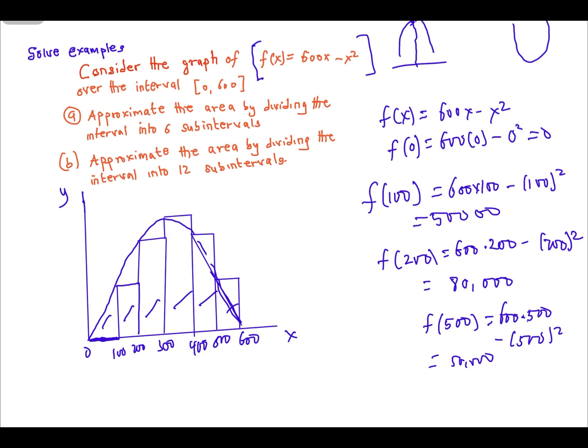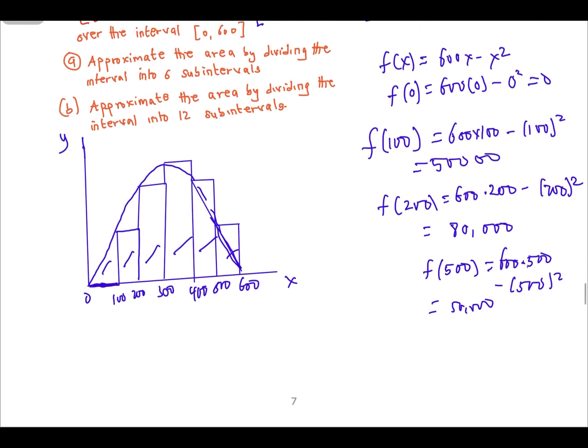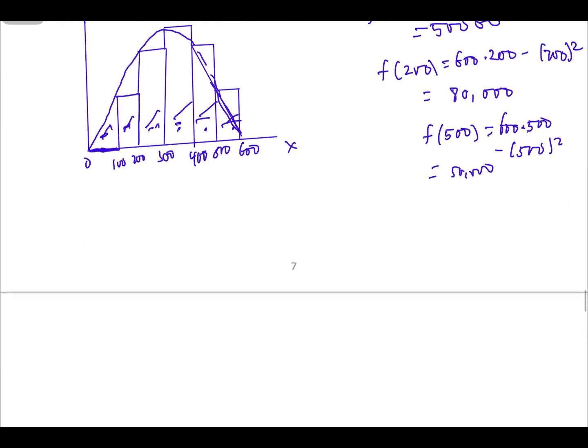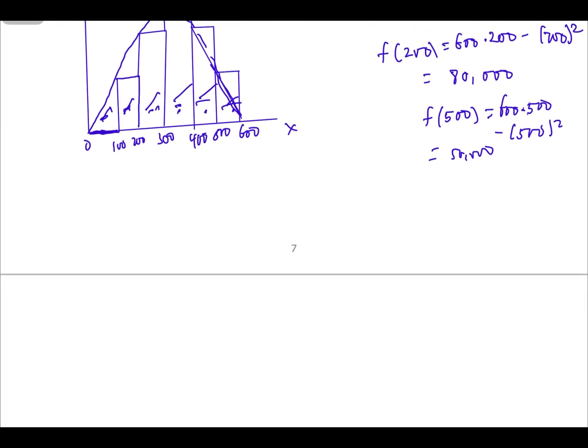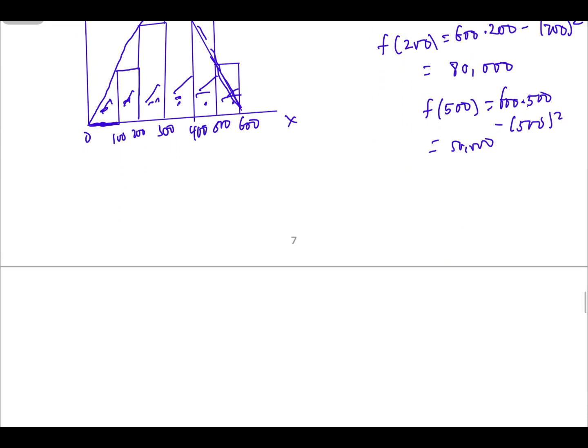So from 6 intervals, we know that here are our rectangles, 1, 2, 3, 4, 5, 6. So from here, you do the approximation as usual.